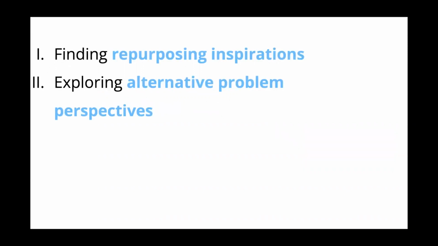First, as we'll see in a moment, our representation can support finding inspirations for repurposing opportunities, finding products with similar mechanisms but distant purposes. Secondly, this representation can support discovering novel perspectives around problems to avoid fixation on certain problem aspects. Let's briefly show how we do this and see some examples.